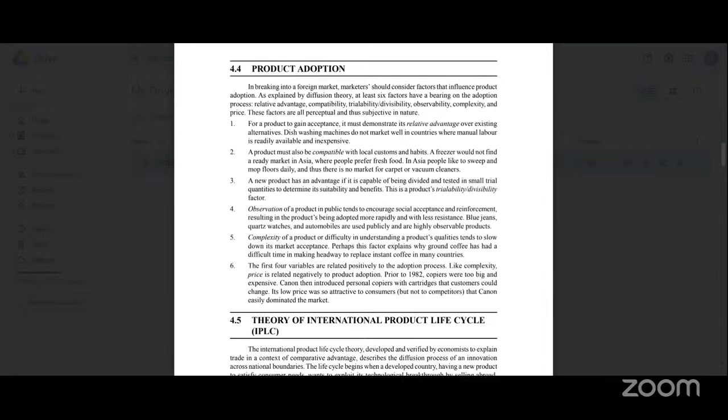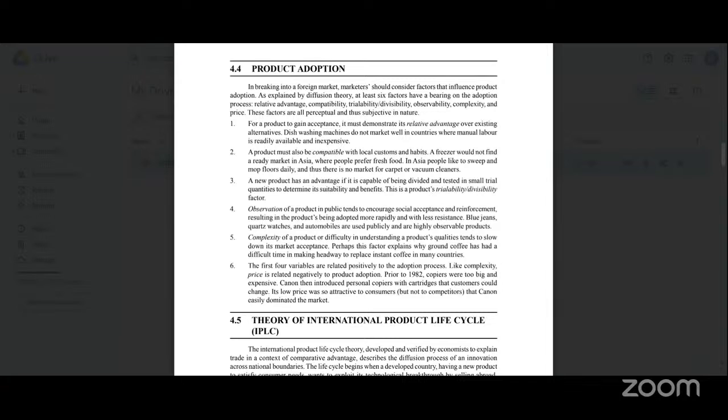So all factors are perceptual and they are subjective in nature, but each of them is, as we understand, very, very critical in terms of product adoption. So the first and foremost thing is for a product to gain acceptance, it must have some relative advantage that it can offer to the customer over existing alternatives.